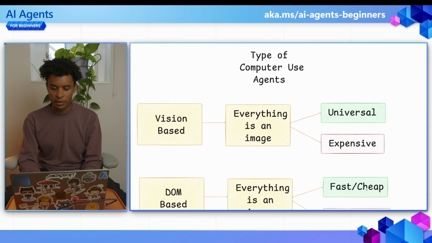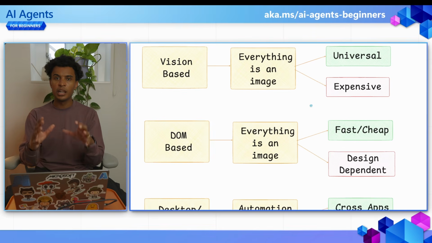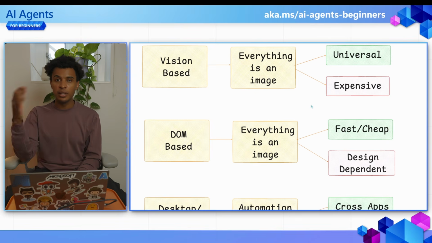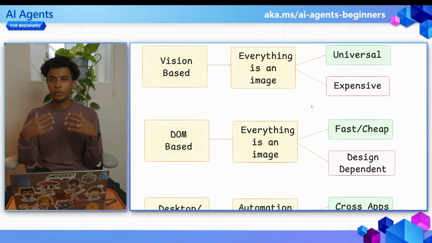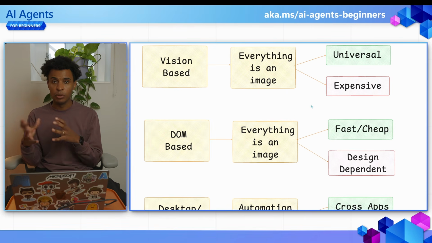The other type of agent that we're talking about is the DOM-based agent. This is the document object model that most websites, or all websites, follow, essentially going in and seeing how the page is rendered through the code.